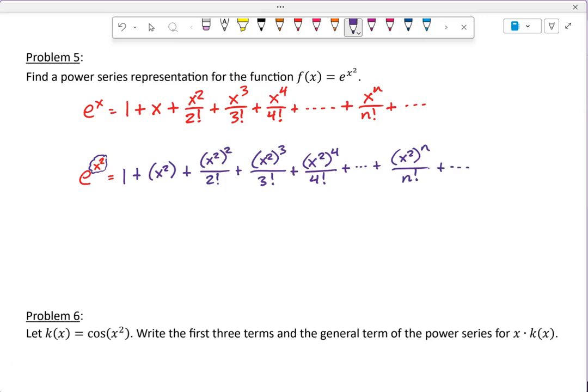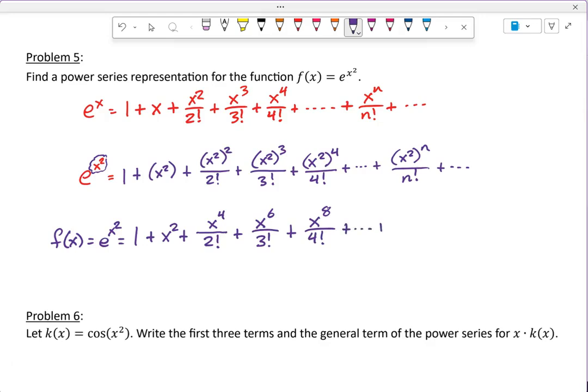All right, so our f of x equal to e to the x squared would be equal to 1 plus, what would be our next one? x to the fourth over 2 factorial plus x to the sixth over 3 factorial plus x to the eighth over 4 factorial plus dot dot dot.